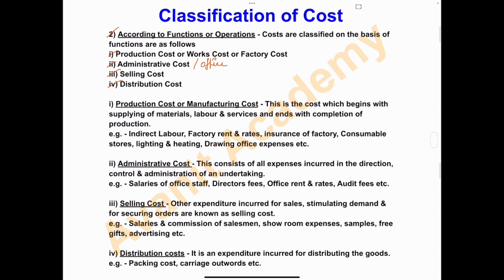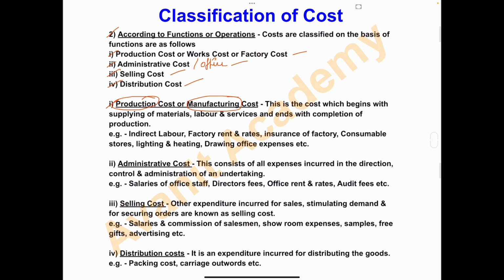Got all of you? Function wise, costs are classified into four parts: production cost, office cost or administrative cost, selling cost, and distribution cost. Number one, production cost or manufacturing cost. By the words production and manufacturing, you will get that the process undertaken here is the conversion of raw material into finished product, that is the production or manufacturing of goods or the final product.